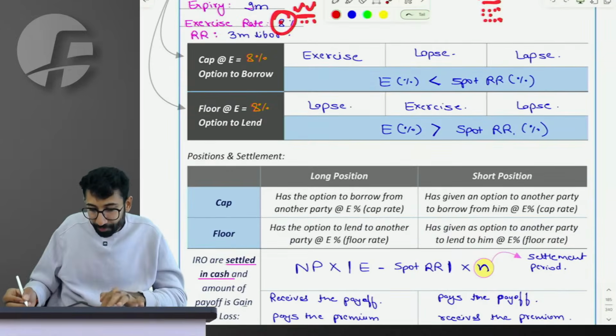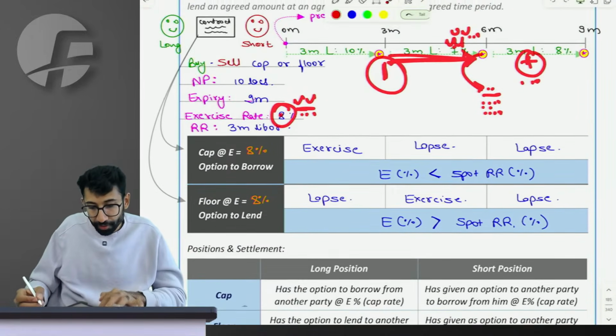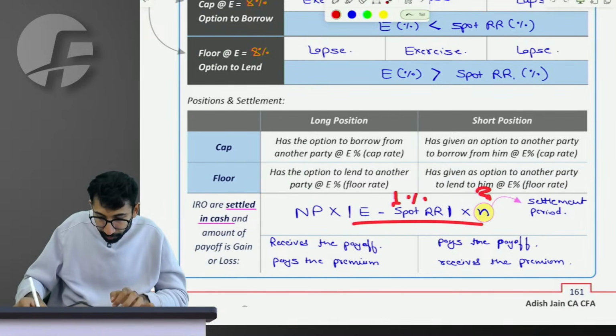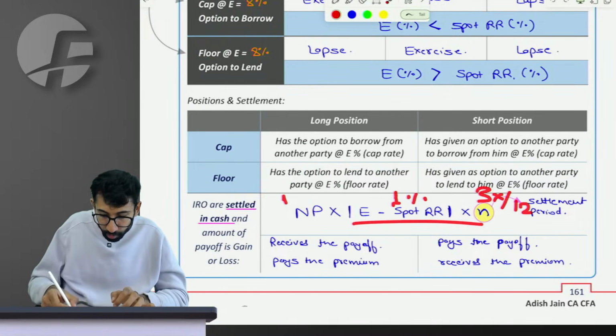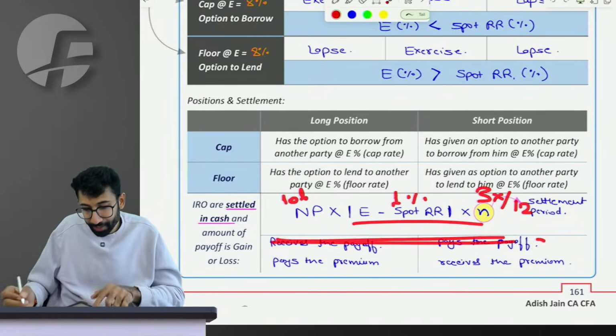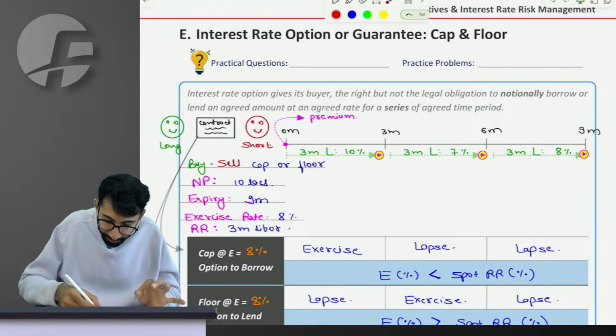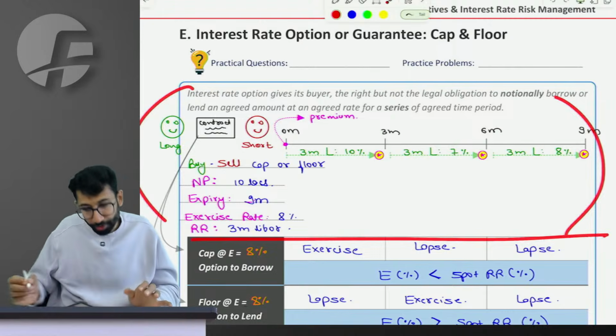Exercise rate minus reference rate automatically gives you the gain feeling, sir. So 1% is the amount of gain. For a period of 3 by 12 months on a notional principal of 10 lakh will automatically give you the settlement amount at 6 months end. Simple. This is the contract that we have talked about.